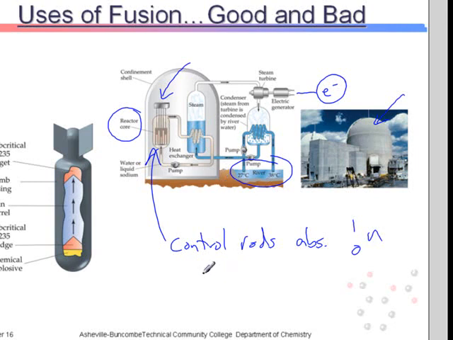Now, graphite is good at doing that. Graphite control rods can absorb neutrons really well. One problem with pure graphite is that graphite will burn. What is graphite? Graphite's just carbon, and carbon is very good at burning, undergoing a combustion reaction.